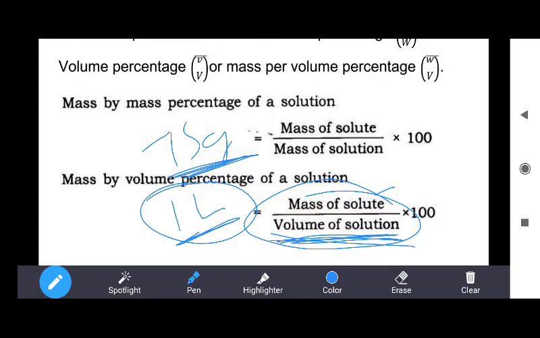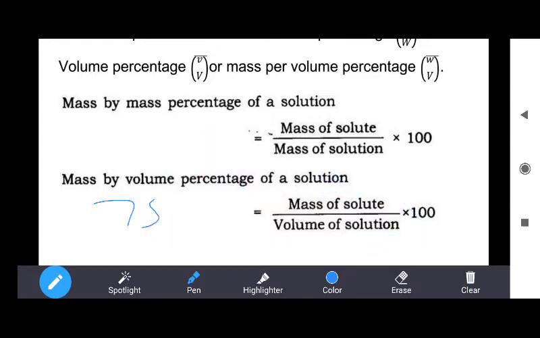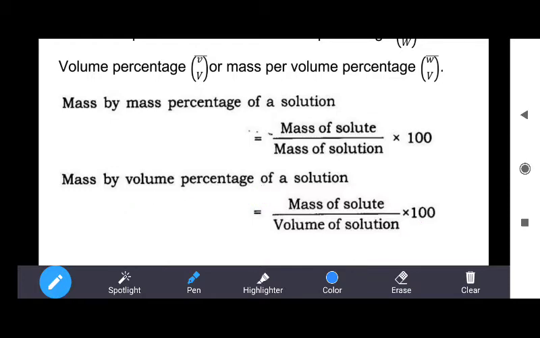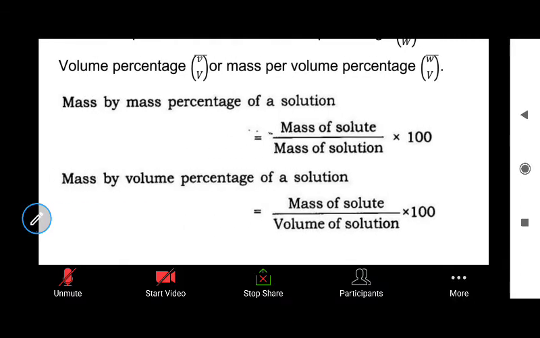Then mass by volume percentage is 75 upon 1 liter, I can change it into ml, 1000 ml, into 100. 20 cancels with 20, which is equal to 7.5%. This will be the mass by volume percentage. You can easily determine mass by volume percentage.